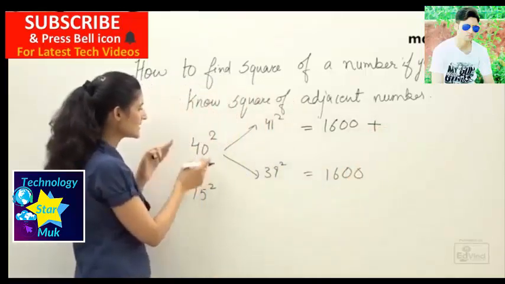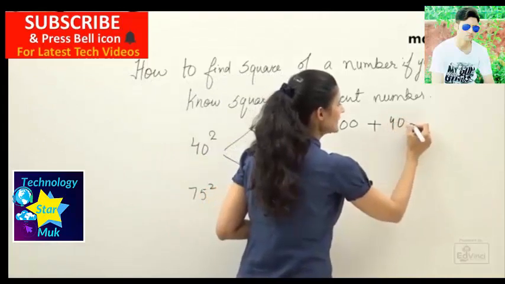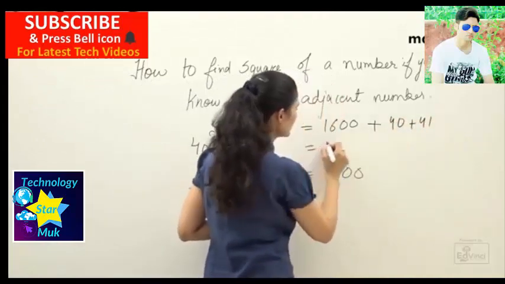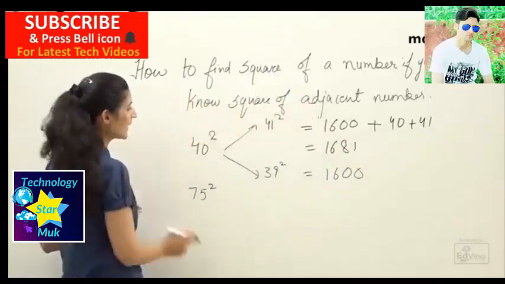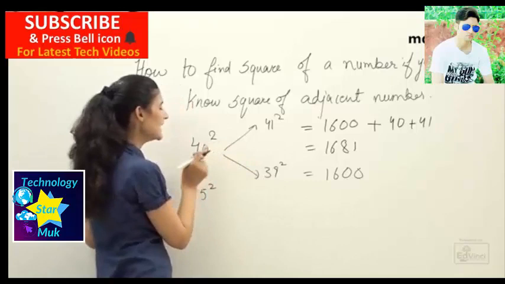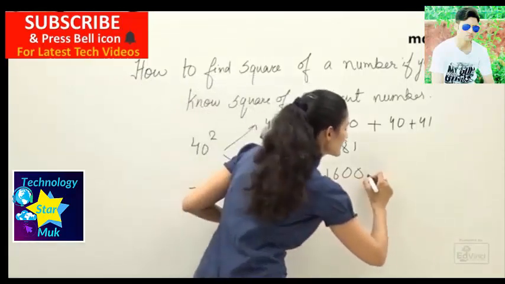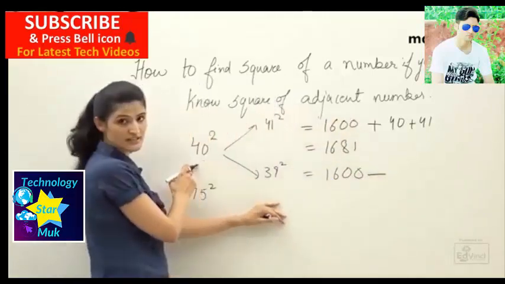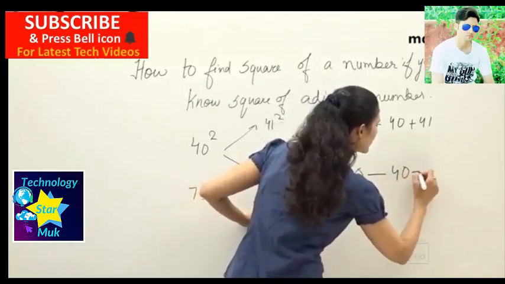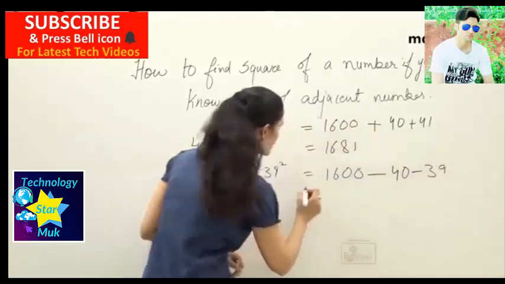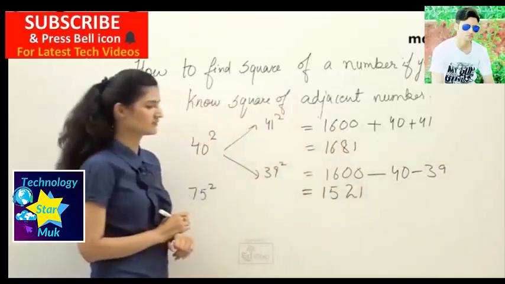What we'll add is the adjacent number and the number itself, which is 40 and 41. So the answer is 1681. Same way, we know 39 is less than 40, so from 1600, we're going to subtract the adjacent number and the number itself, which is minus 40 and minus 39. So the answer is 1521.